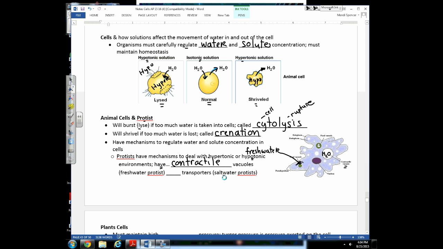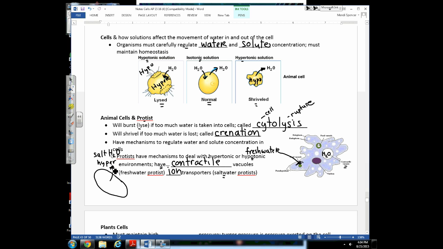Protists that live in saltwater environments have ion transporters to help them maintain homeostasis. So what that looks like for them, let's draw a protist and let's put them in salt water. And it's going to be hypertonic because there's going to be more solutes in it, or a higher solute concentration compared to the cell. And so the cells are always losing water to the environment.